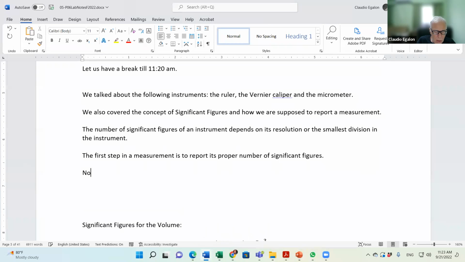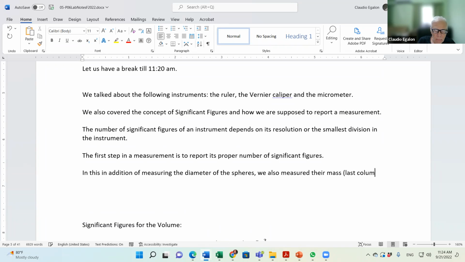Now in this experiment, in addition to measuring the diameter of the spheres, we also measured their mass.